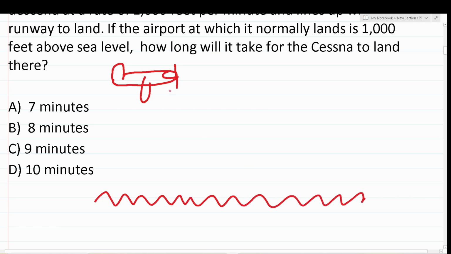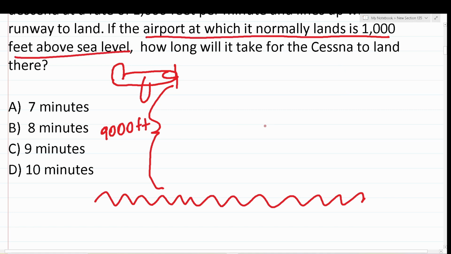We would know that this plane is flying 9,000 feet above the ocean according to the problem. In addition, the problem also told us this. The airport at which it lands is 1,000 feet above the sea level. So let's say the airport is right here and the runway is right here.